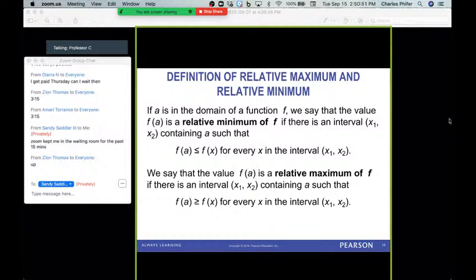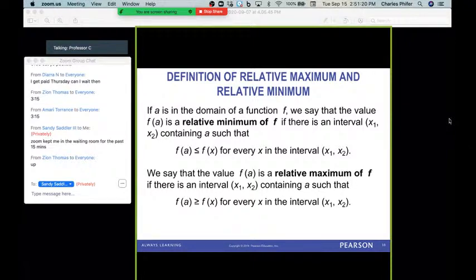So we say if a is in the domain of a function, we say that the value f of a is a relative minimum of f if there's an interval x1 to x2 containing a such that f of a is less than every y for every x in the interval. The simple thing is, if a is in the domain, f of a is a relative minimum if it's less than all the other nearby y's.